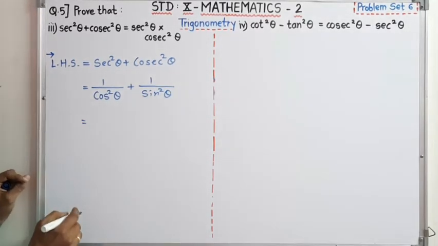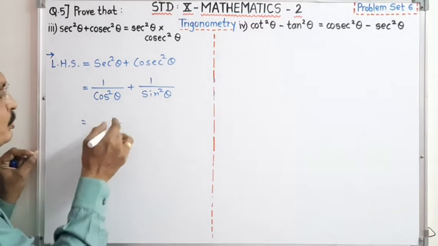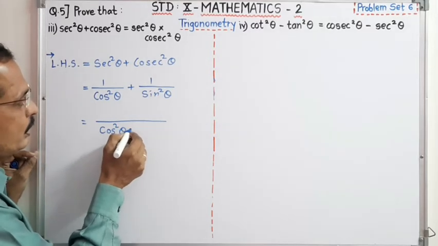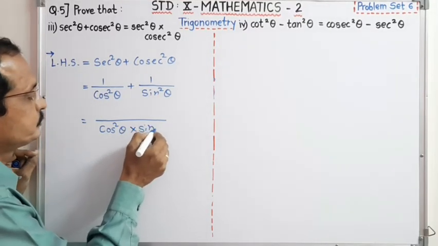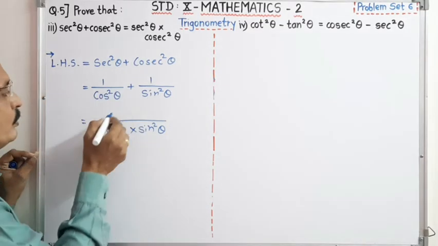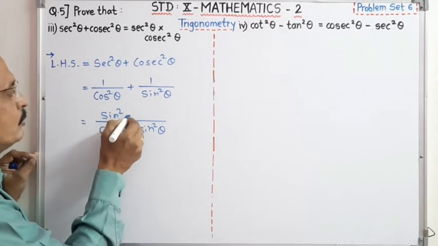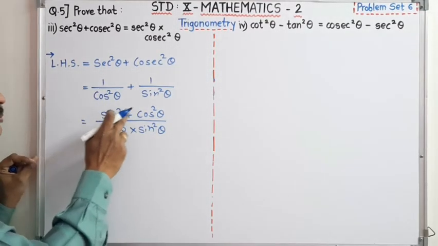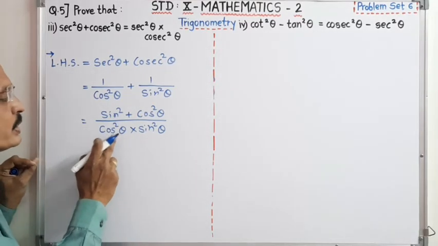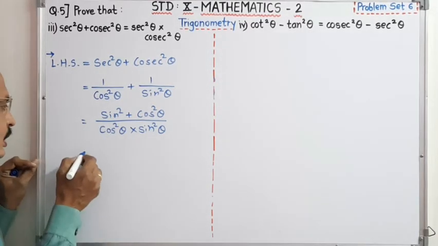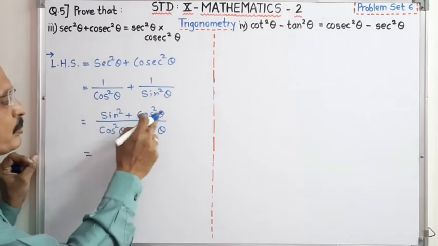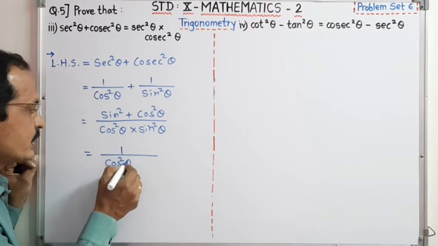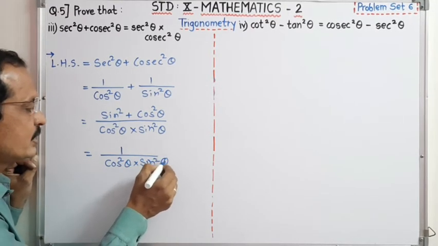Now dear student, what we have to do? We have to do the addition of this, and for that purpose we write cos square theta into sin square theta in the denominator, and in the numerator we write sin square theta plus cos square theta. Now sin square theta plus cos square theta we write as 1, over cos square theta into sin square theta.